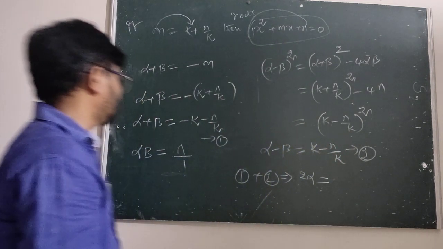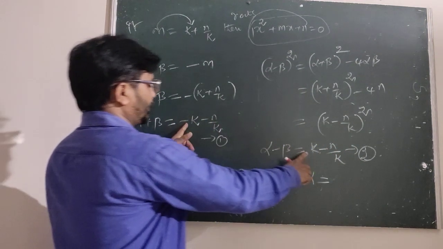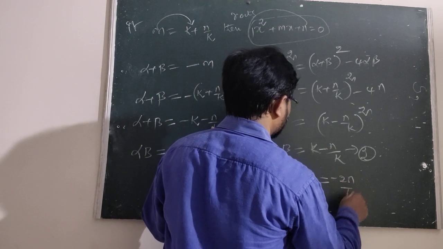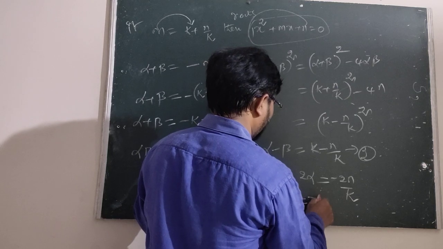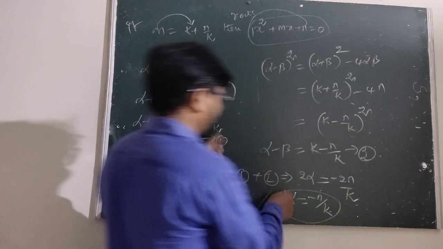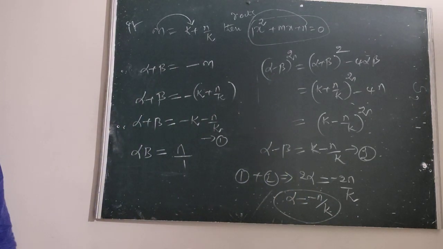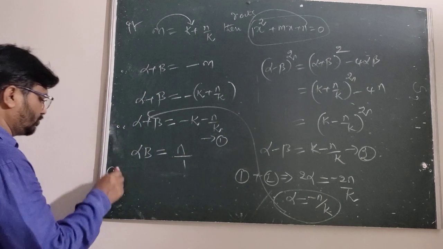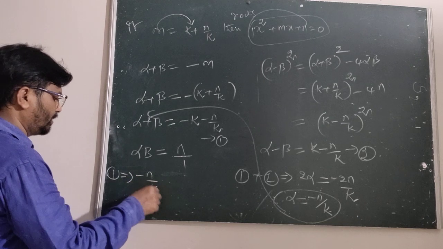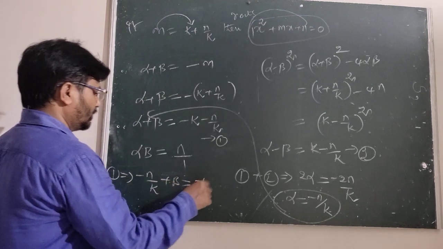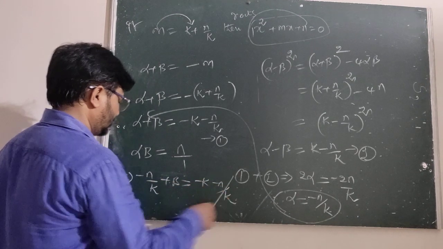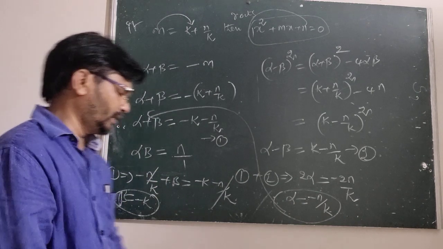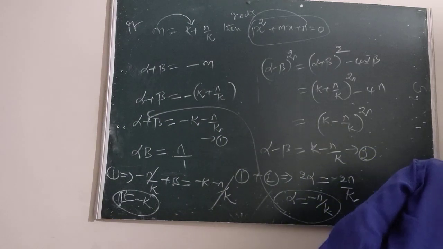Here minus k plus k cancel, minus n by k minus n by k is minus 2n by k. Alpha equals minus n by k. Now substitute this in equation 1: alpha is minus n by k, plus beta, equals minus k minus n by k. These two cancel. Now we get the roots minus k and minus n by k.